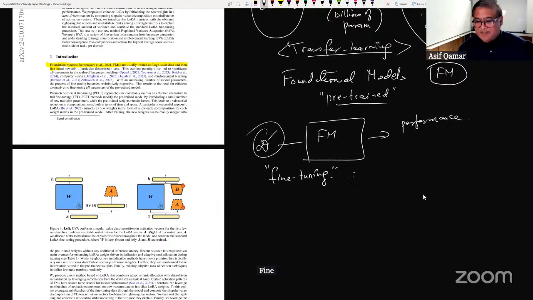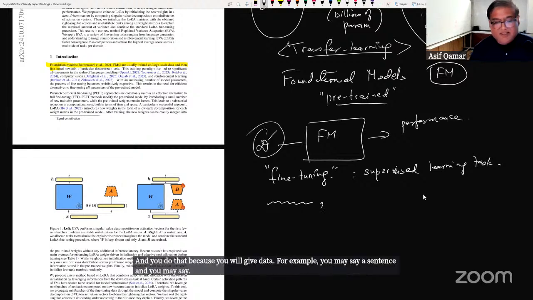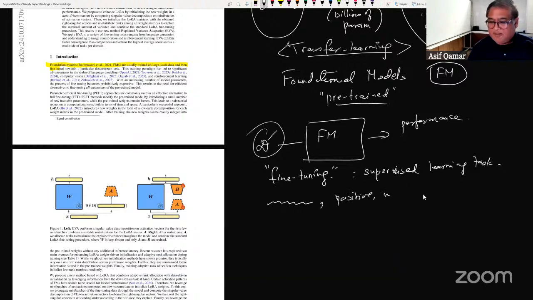Fine-tuning is usually a supervised learning task. And you do that because you may give data. For example, you may give a sentence, and if it is sentiment analysis, you can tell whether it is positive or negative, right? You can specify what it is and you can give it a lot of data.